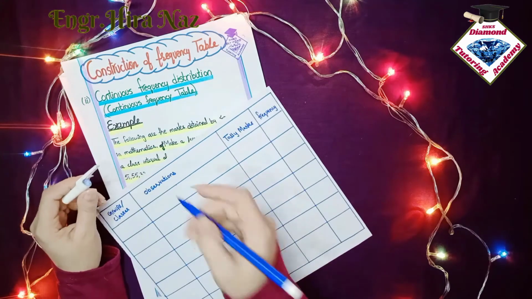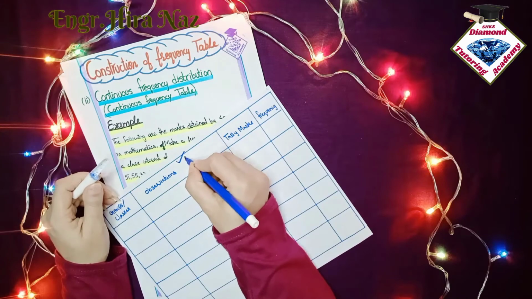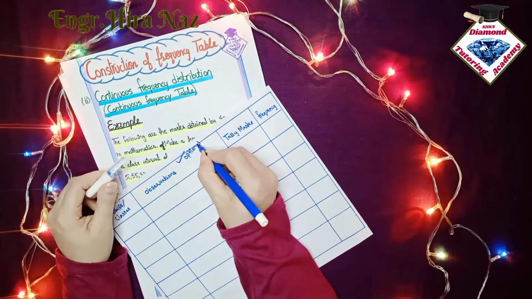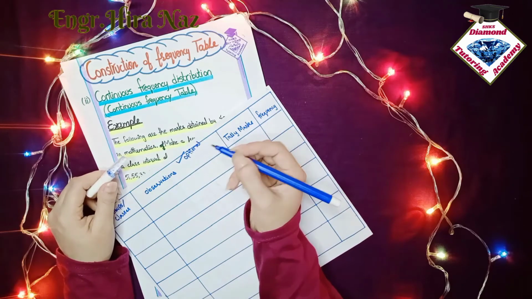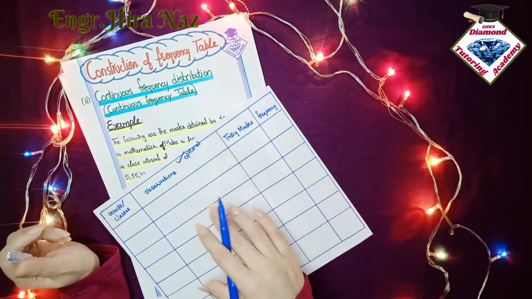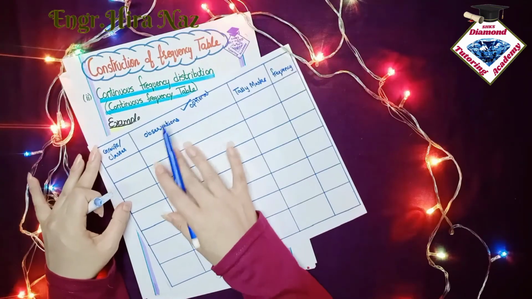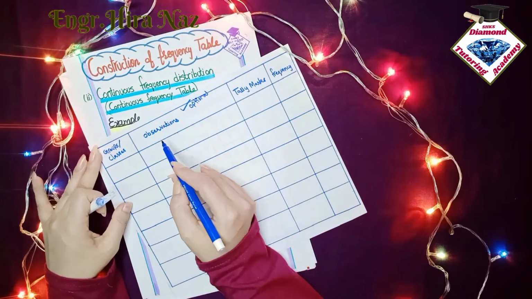The observations column is optional. For precise measurement we may ignore it, but here we are just learning, so we will consider it as well.